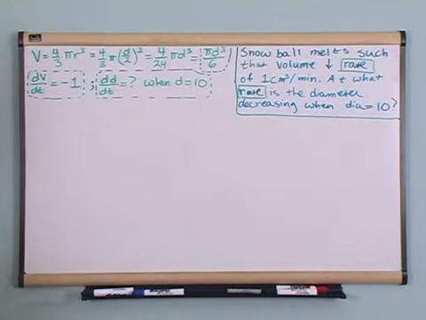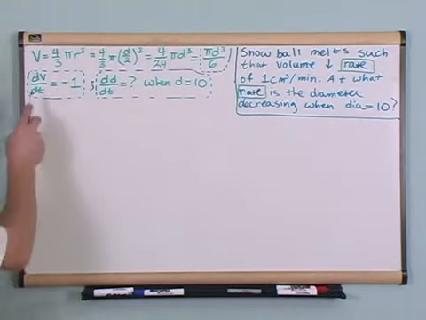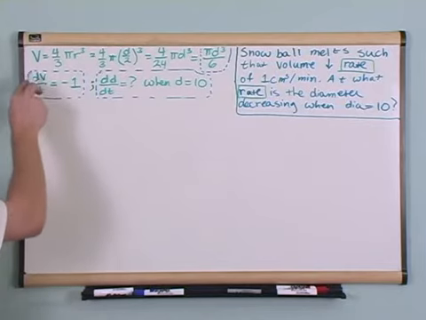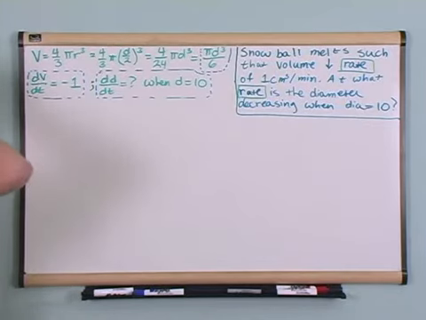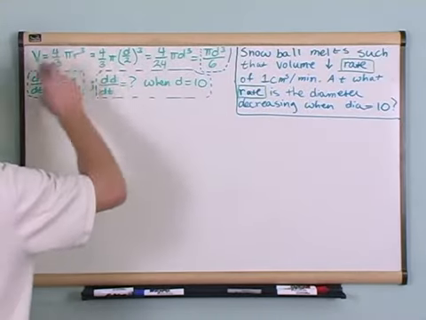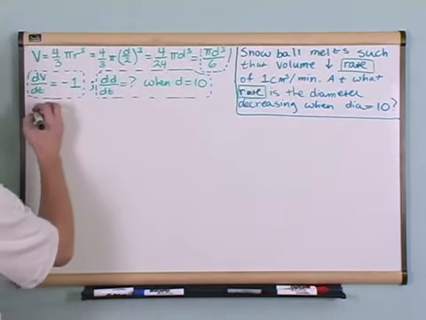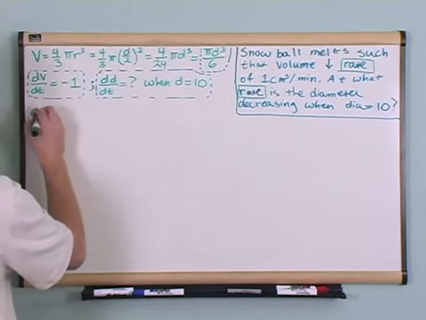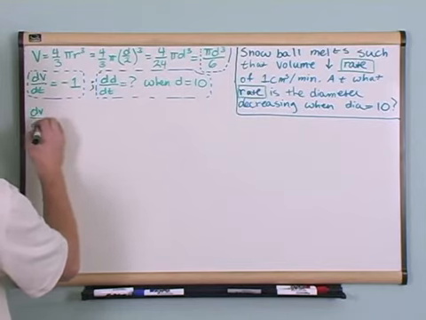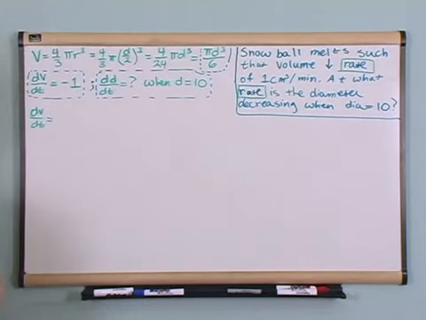So, how do you think we should proceed? Well, here they've given us the derivative of the volume with respect to time, and here I have the formula for the volume. So let's go ahead and take the derivative of this formula. Okay? So, dV/dt, which is the derivative of the volume with respect to time.